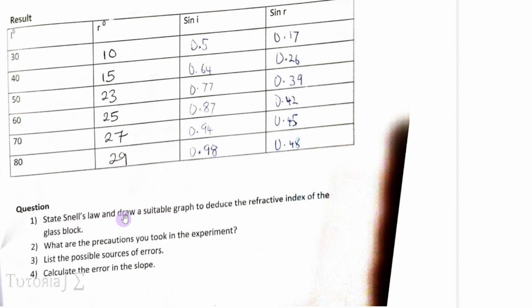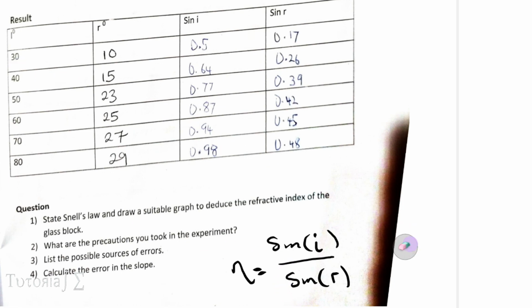So you're asked to state Snell's law. So Snell's law says that the ratio of the sine of the incident angle over the sine of the refracted angle is constant. Okay, let me write that somewhere. Okay, so the ratio of the sine of the incident angle and the sine of the refracted angle is constant. So basically that's that.